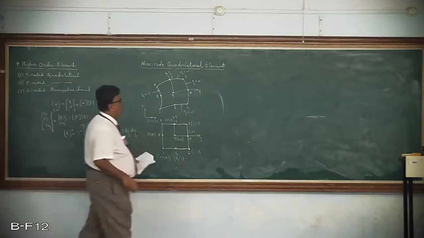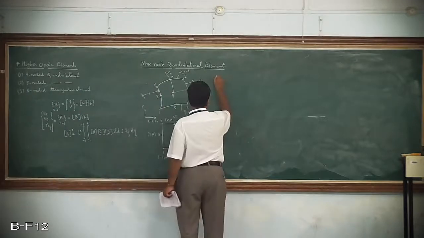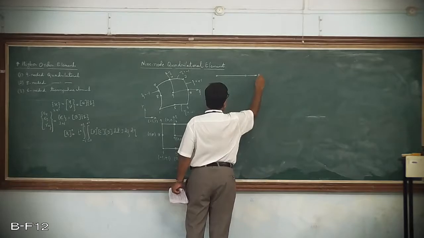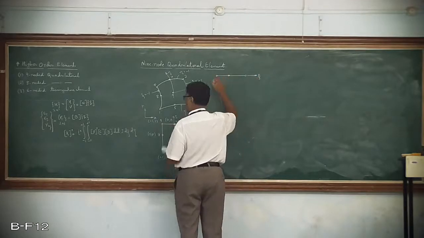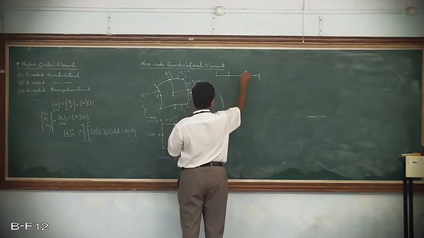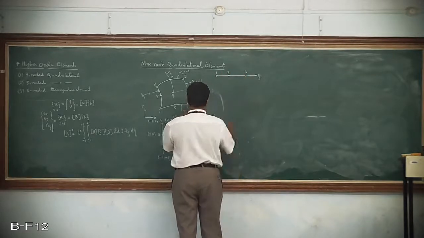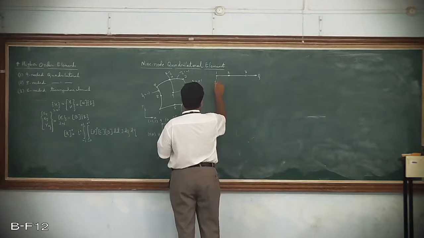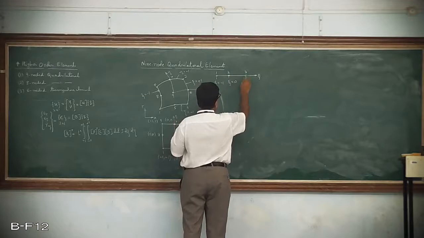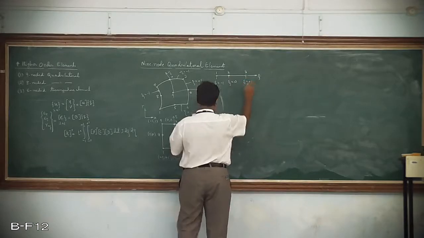So let us consider first the zeta coordinate as one element. I will take this as zeta. I will name them as 1, 2, 3. In sequence, naturally this is going to be -1, this is 0, and this is +1.